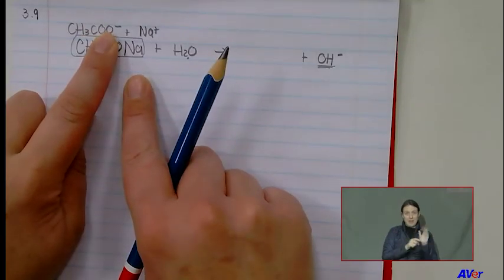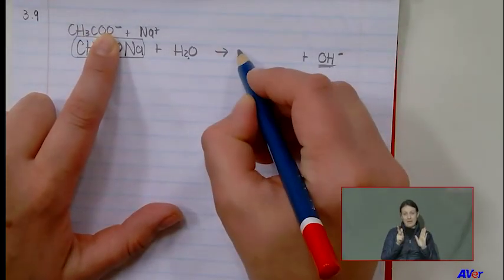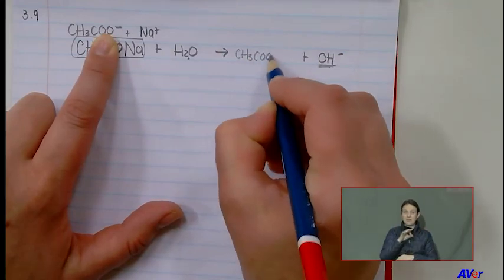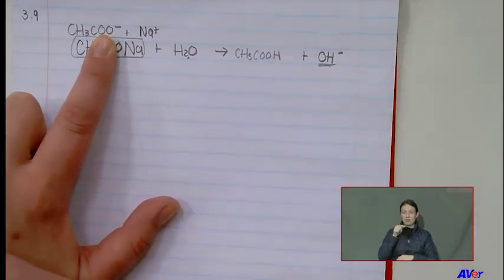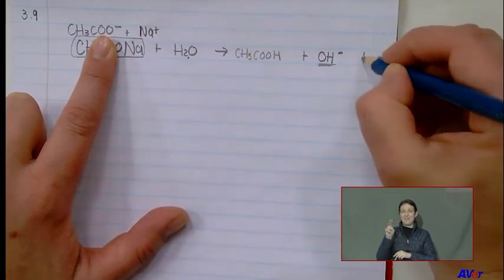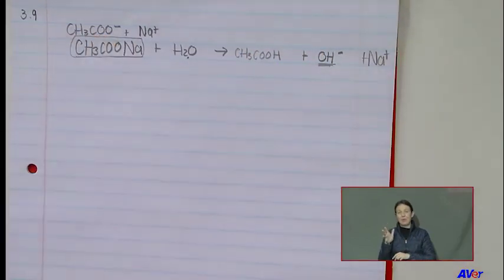So if you think about it now, here we have hydroxide ions. So, in other words, there is one hydrogen still left, correct? Hydrogen is a positive charge, correct? Positive and negative attracts, correct? Aha. So in other words, I will have CH3COOH as a product. The sodium, grade 12s, is what I call a spectator. It's not going to do anything. It's just going to chill there. Not in this case.